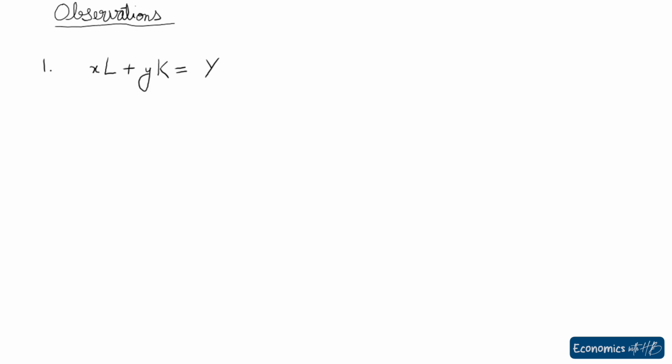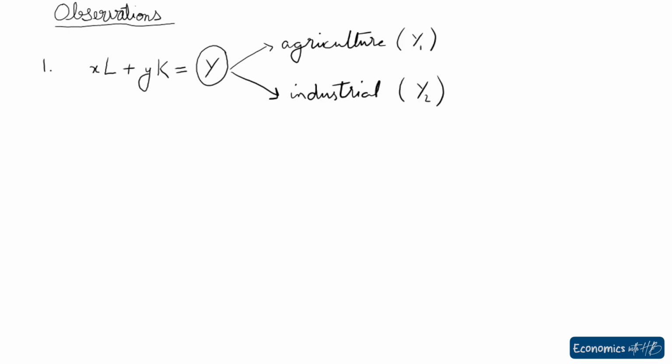So L and K are the factors of production used in agriculture and Y here is the total output. Then part of this Y is used in the agricultural sector and the rest of it in the manufacturing or industrial sector.